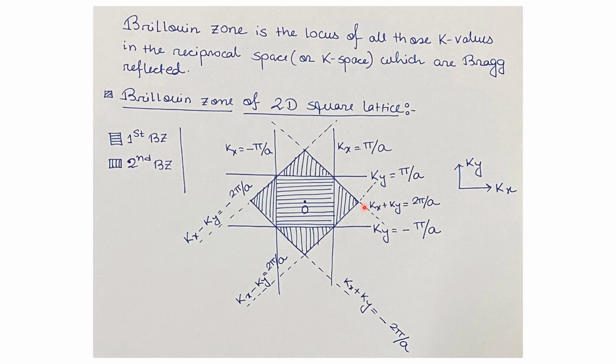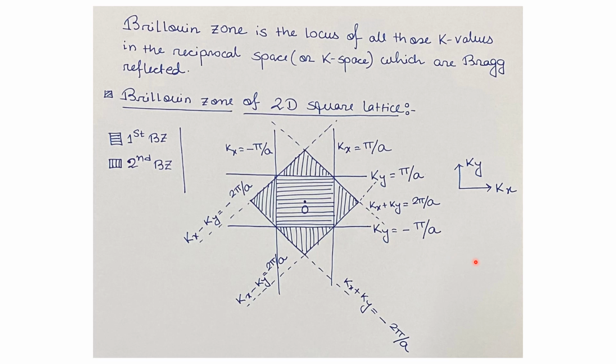So the area enclosed by these 4 lines, excluding the first Brillouin zone area, will give the second Brillouin zone. So these 4 regions shaded with vertical lines give the second Brillouin zone of the 2D square lattice, and the boundary lines are the second Brillouin zone boundaries.